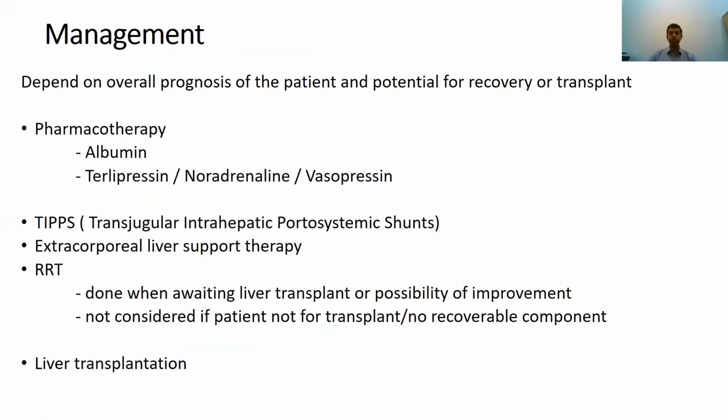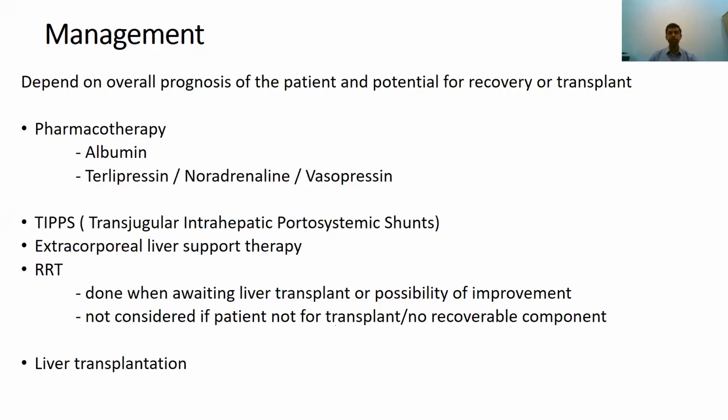However, once a patient develops hepatorenal syndrome, the overall prognosis is very poor. And unless these patients are potentially transplant patients, or unless you think this might recover, there is very little we can do to improve the overall situation. So pharmacotherapy-wise, we give albumin to increase the circulation so that the colloid osmotic pressure increases with albumin and there will be more circulating volume.